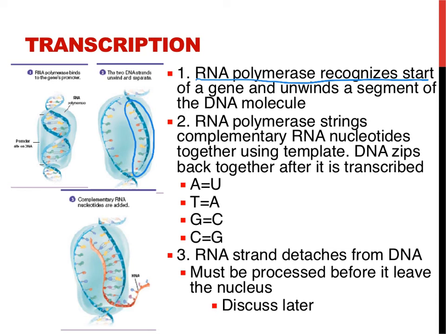Again, these are the RNA base pairing rules. Then third, the RNA strand detaches from the DNA. Before it can leave the nucleus, it has to be processed. We'll talk about this processing later, but it has to be pared down so it contains just the information for the gene that is to be expressed.